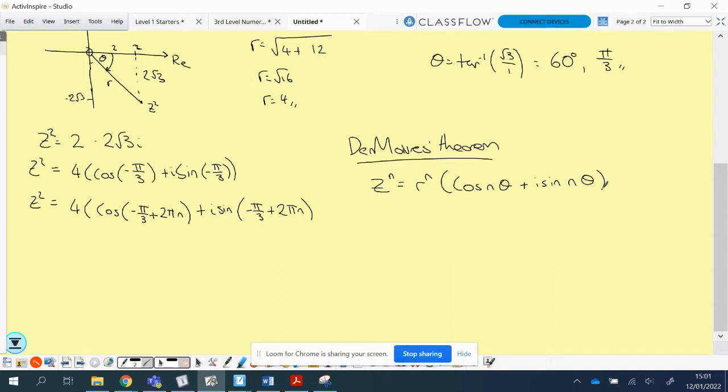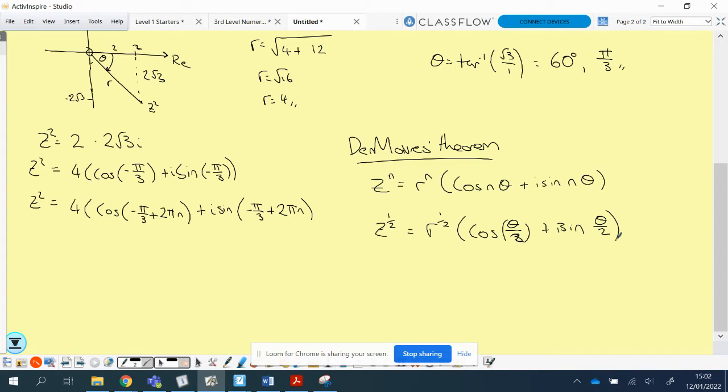So if I want z to the power of half, which is the square root of z, that would be r to the power of half, cos, then it'd be theta divided by 2, sorry, not times by 2, and then plus i sine theta over 2. So it's just the reverse of De Moivre.